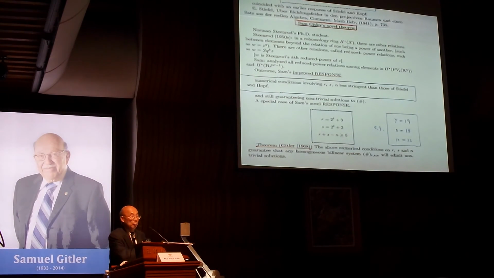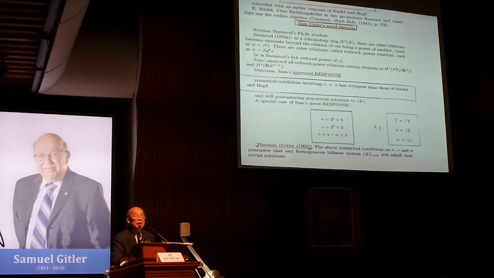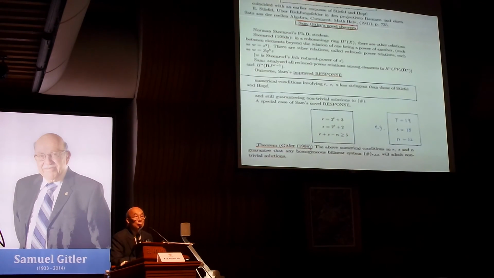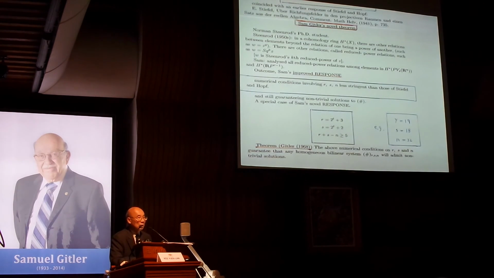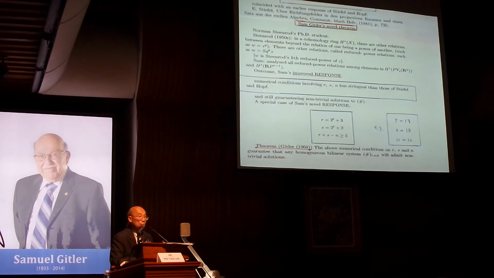Now, one must also mention: what if I go to Stiefel's old paper and pretend that Stiefel also knew C0 reduced powers and apply them? What if I do that? And here is the wonderful thing. It turns out that even if anybody goes back to Stiefel's paper and pumps in the additional ingredient of C0 reduced powers, there will be no improvement.